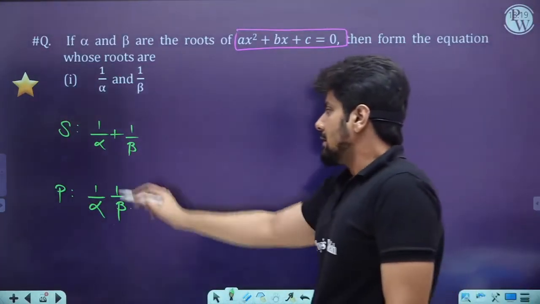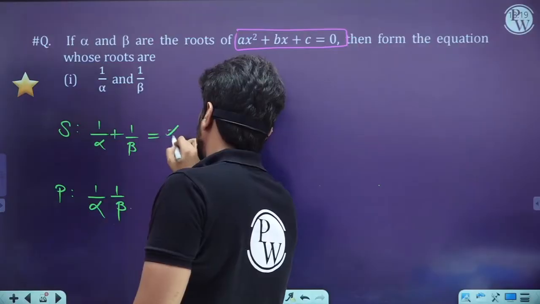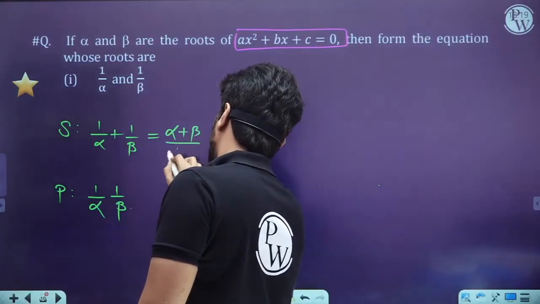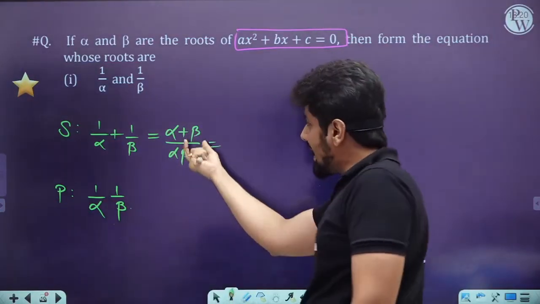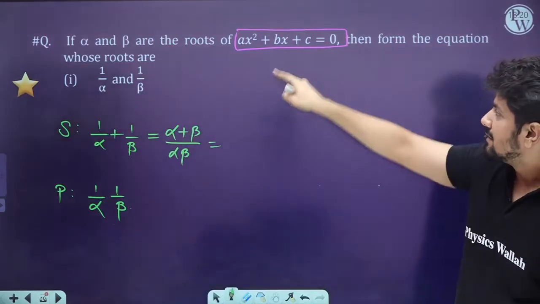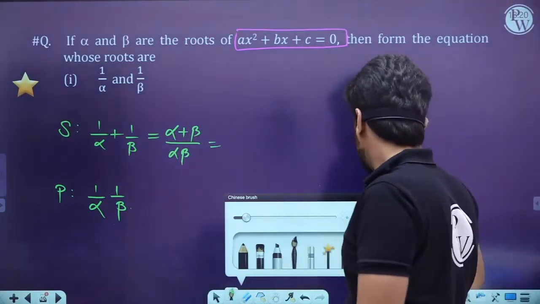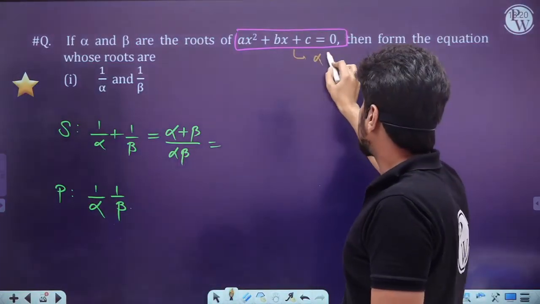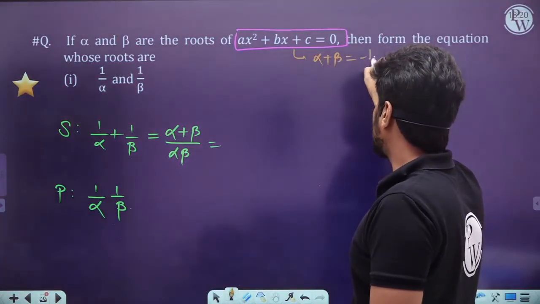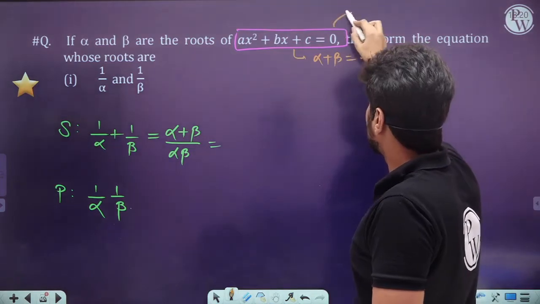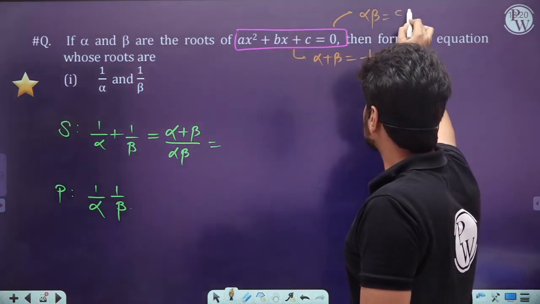Now 1 by alpha plus 1 by beta will be alpha plus beta upon alpha beta. Do we have the value for alpha plus beta? Yes, because alpha and beta are the roots of this equation. So we have the value of these two things, right? That alpha plus beta is equal to minus b by a, and alpha into beta is equal to c by a.